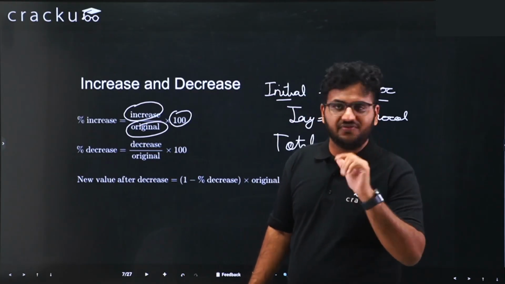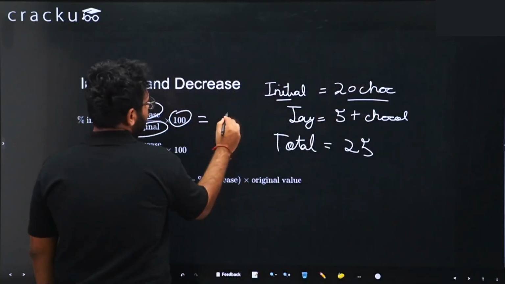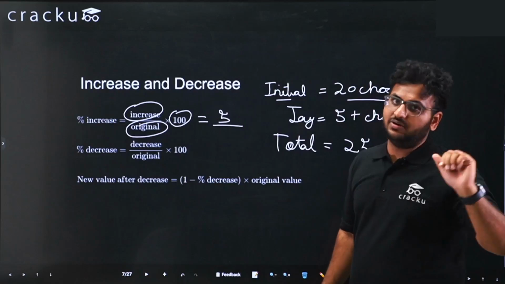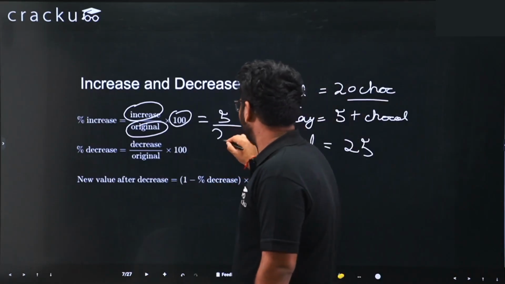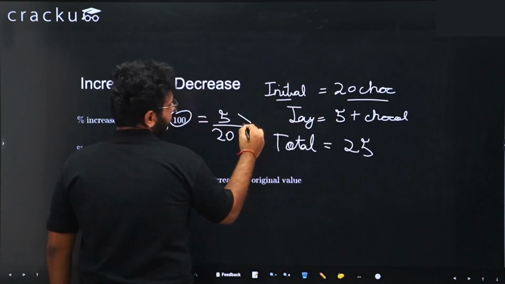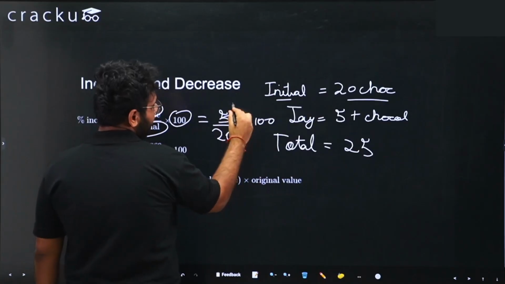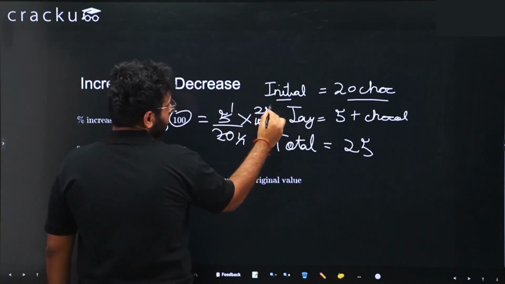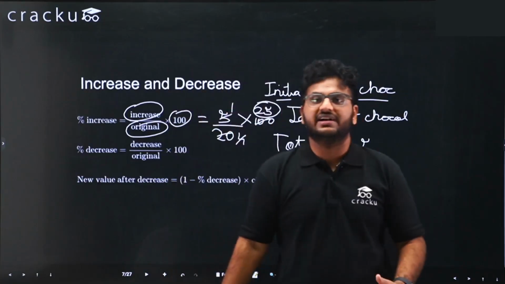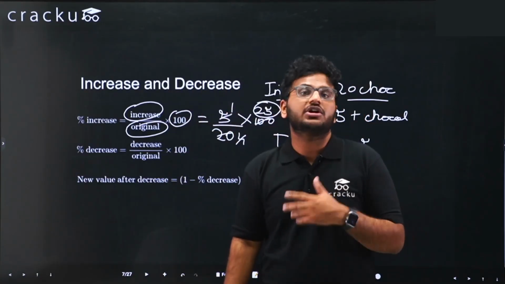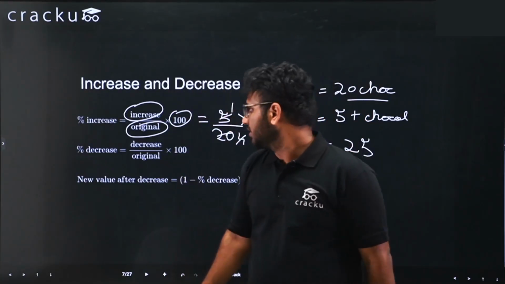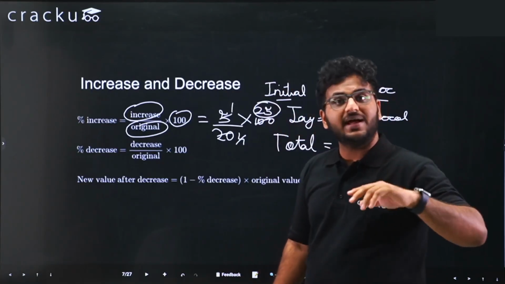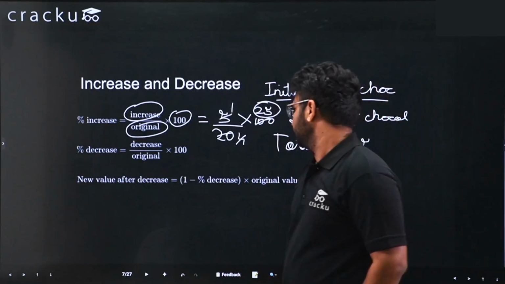So increase is 5 chocolates, which will be equal to 5 over initially 20 chocolates, so 20 into 100. 5 ones are 5, 5 fours are 20, 4 25s are 100. So after Joy gave me 5 chocolates, my percentage increase was 25%. So always remember, percentage increase is increase divided by initial into 100.